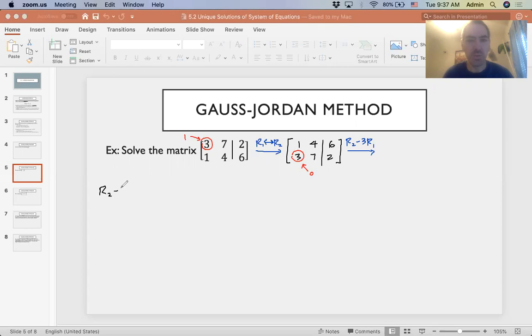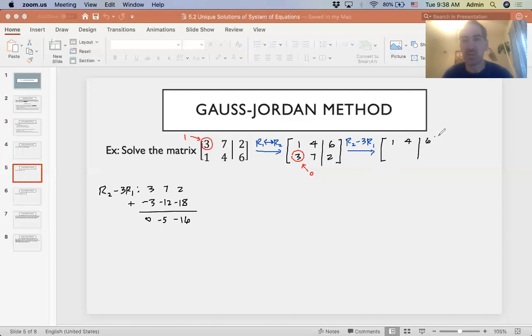We're taking row 2 minus 3 times row 1, which is 3, 7, 2. And -3 times 1 is -3. -3 times 4 is -12. And -3 times 6 is -18. And we'll add these together. 3 plus -3 is 0. 7 plus -12 is -5. And 2 plus -18 is -16. That's what I'm going to write as my second row.